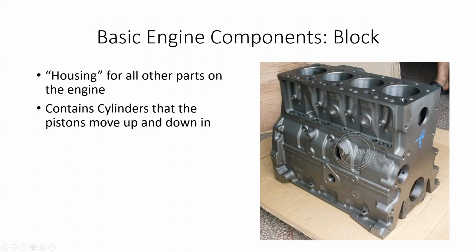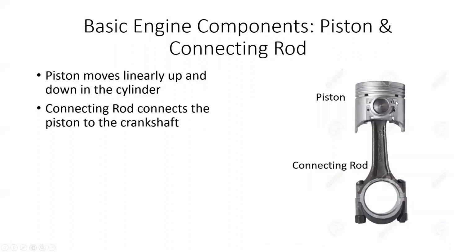So that piston is moving up and down linearly in this. And then what's connected to the piston is the connecting rod via this big pin right here. It's called a wrist pin. So the connecting rod connects the piston to the crankshaft. So the crankshaft is the next part we're going to talk about. So anyway, connecting rod. So this will all kind of come together in this next slide here.